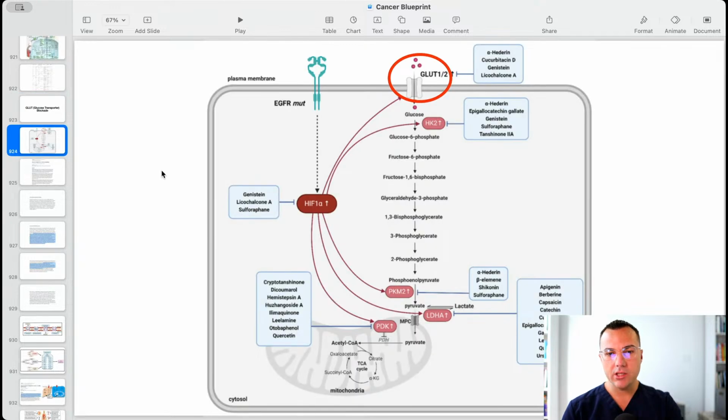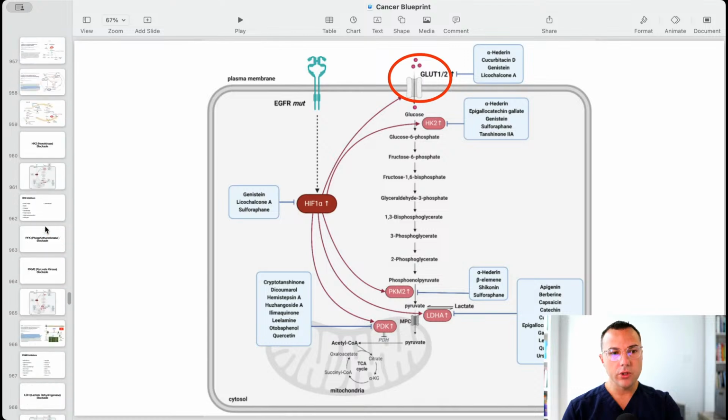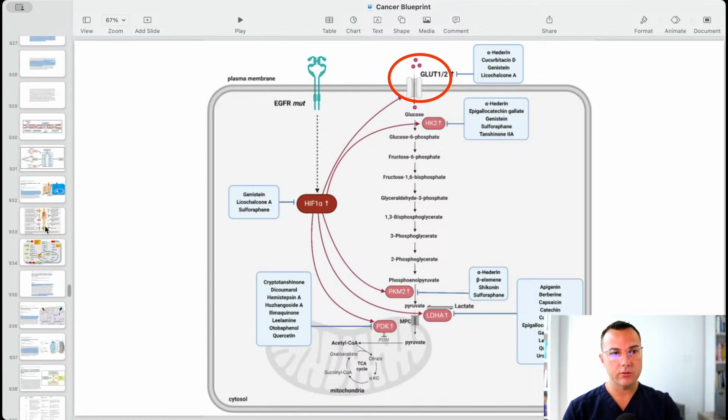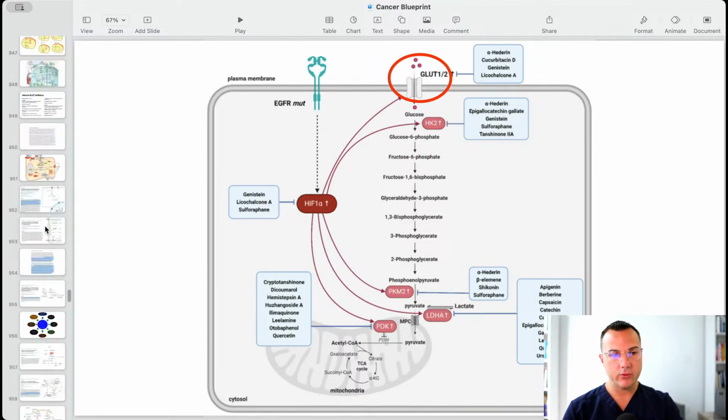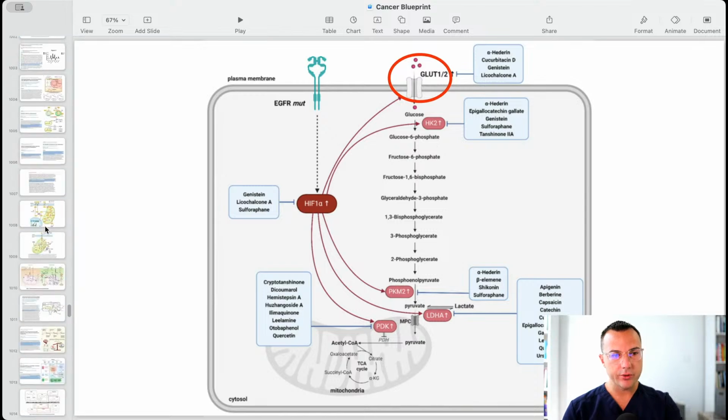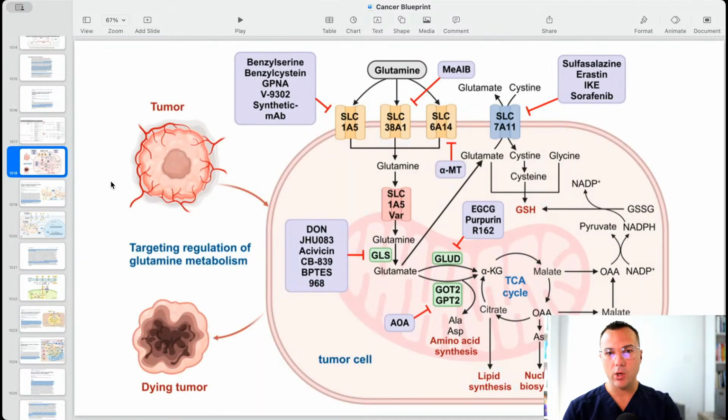I'm going to use this graphic over and over again because it's a pretty decent way of looking at where we're at in this process, very similar to when we were looking at glutamine, and I kept going back over and over again to this particular graphic so we can get oriented to where we're at on the glutaminergic pathways.